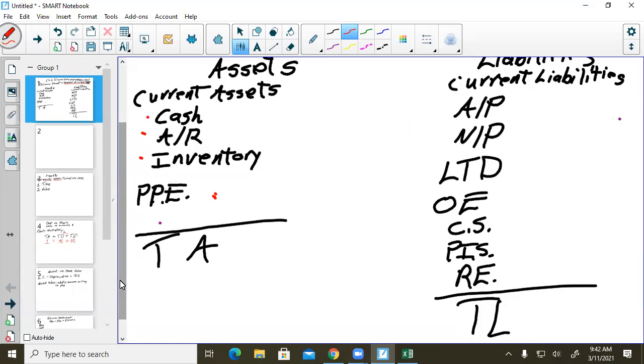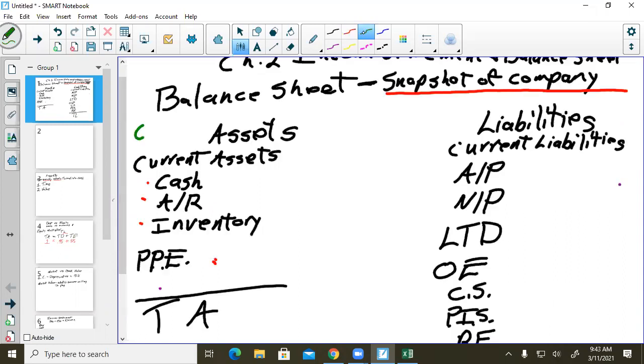You see that? So when I look at my balance sheet, this left side over here, my assets, that's my capital budget. That represents the capital budget decision. What's my total investment in my company? Okay. So if that's the case, what does the right side of the balance sheet tell you?